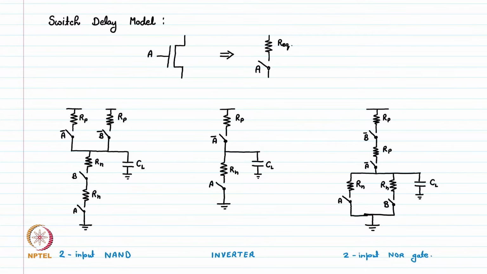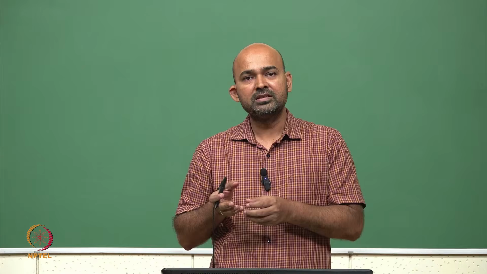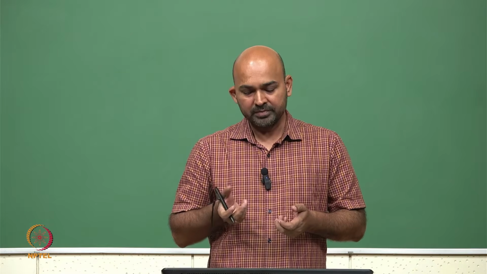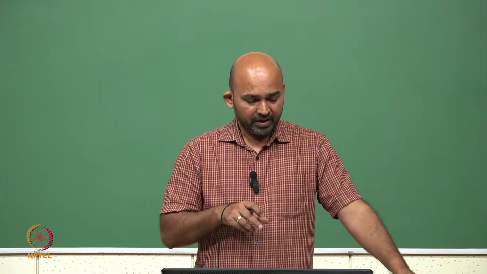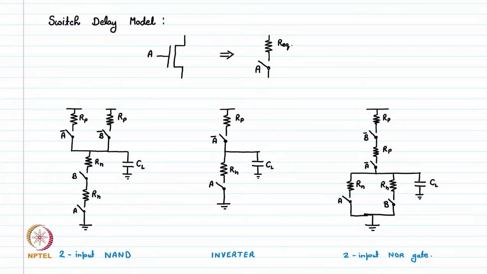So here we see we have switch delay models of 3 gates: NAND gate, inverter and NOR gate. By assuming a transistor as a resistance in series with an ideal switch, we can replace all the PMOS and NMOS by this equivalent delay model, and we can make a complete delay model of the gate. In this NAND gate, we have 2 PMOSs on top and 2 NMOSs in series at the bottom.